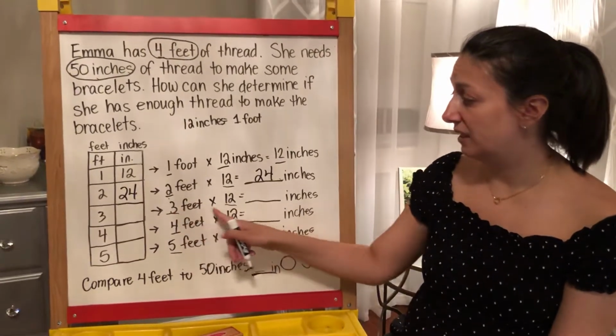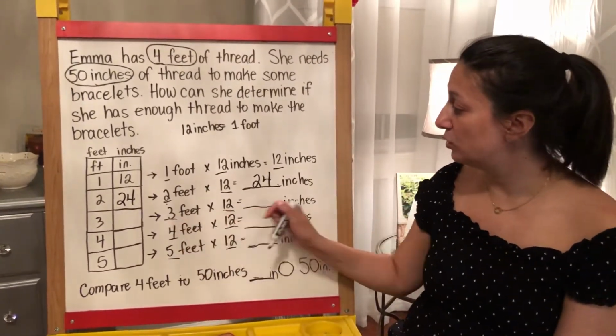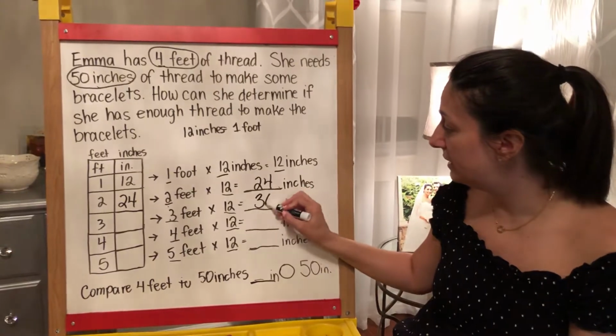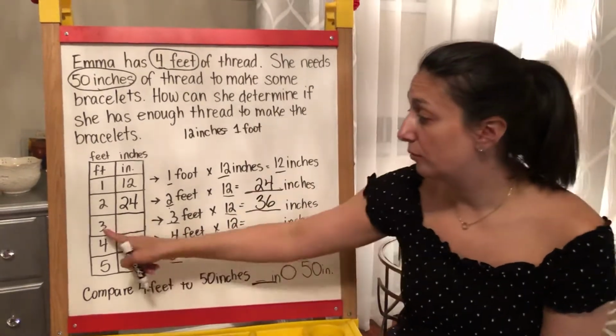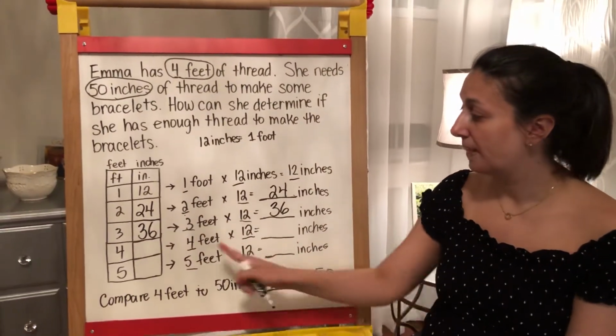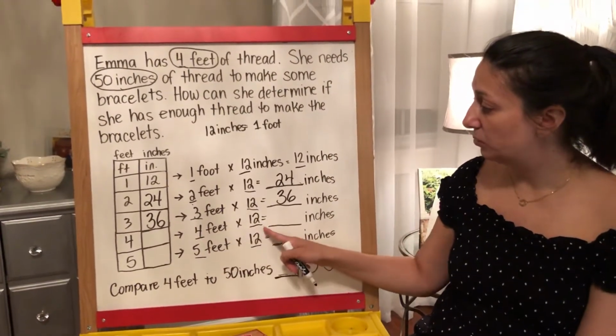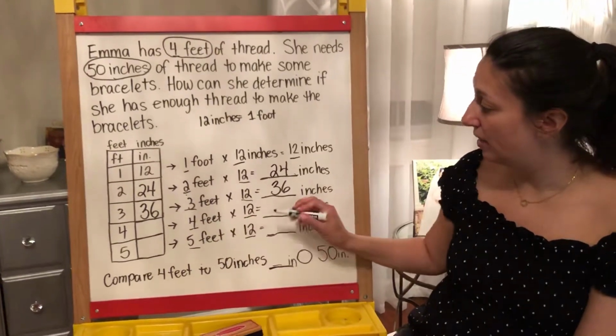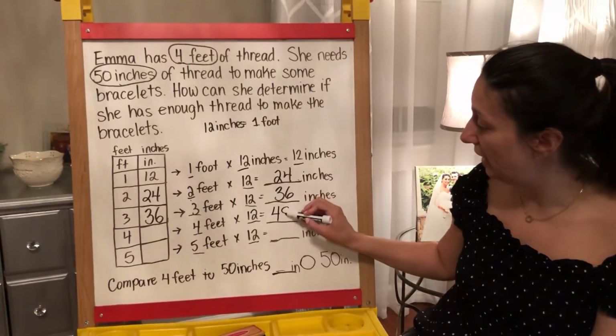3 feet times 12. 3 times 12 is 36. So 3 feet is 36 inches. 4 feet times 12. 4 times 12 is 48.